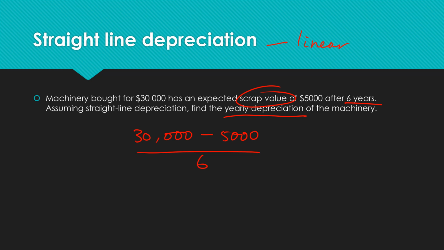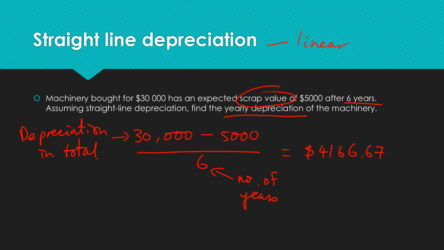So to find this, all we simply need to do is find out how much on average we are losing per year. So this here is the amount of depreciation loss over time, and this here is the number of years it takes before it depreciates.